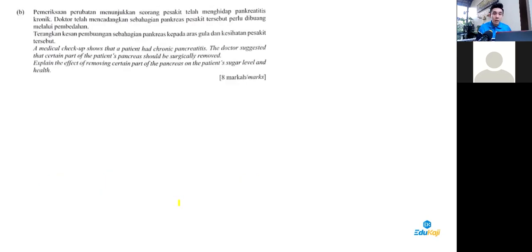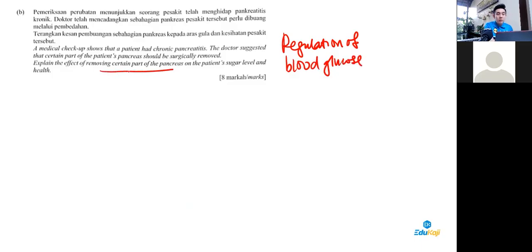Okay, for B, guys, B is to do with blood glucose level, the regulation. Guys, this is to do with regulation of blood glucose. Okay, straight to the point. What happens to the blood sugar if removing part of the pancreas? Common sense will tell you, removing part of the pancreas, there'll be less insulin. Okay, you'll be using the word less a lot.